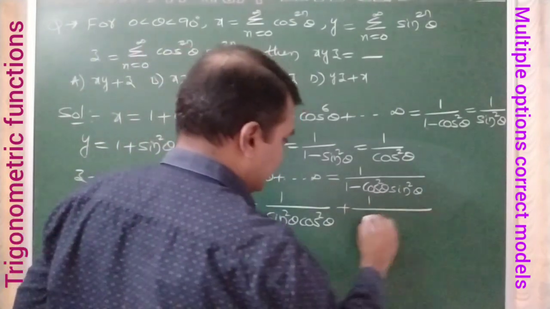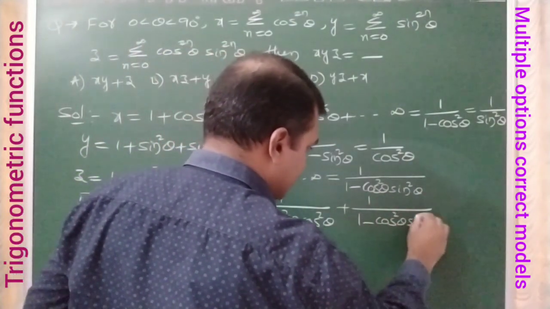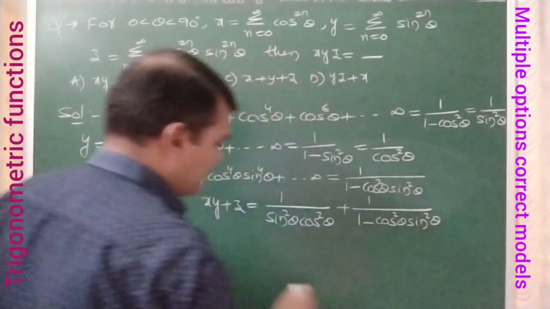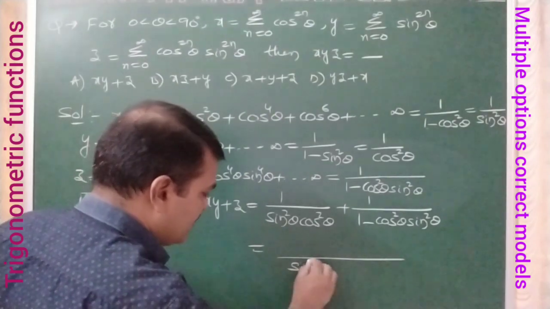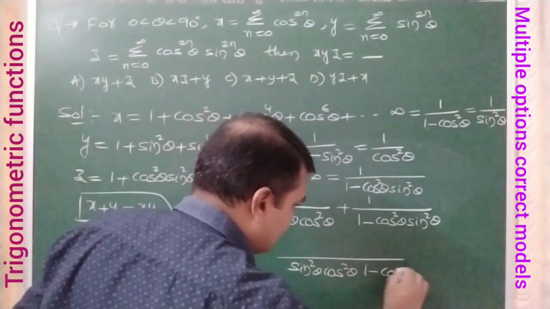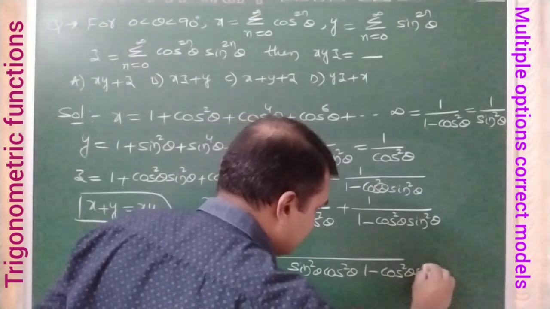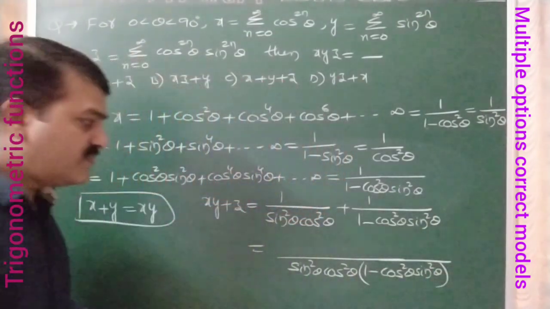Plus, what is z? 1 by 1 minus cos squared theta sin squared theta. So you can take the LCM now: sin squared theta cos squared theta into 1 minus cos squared theta sin squared theta. This is the LCM.